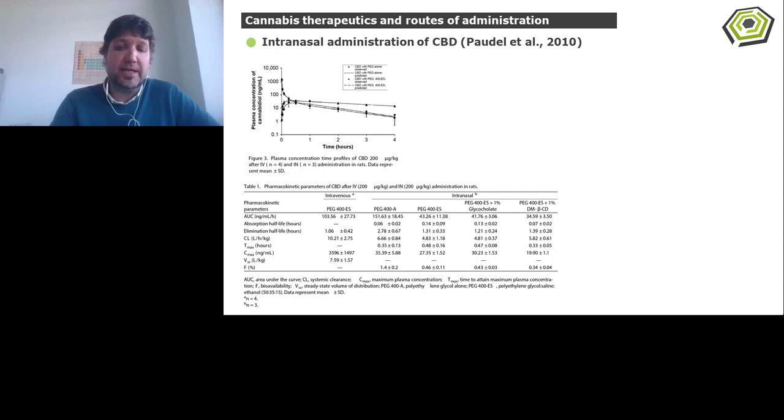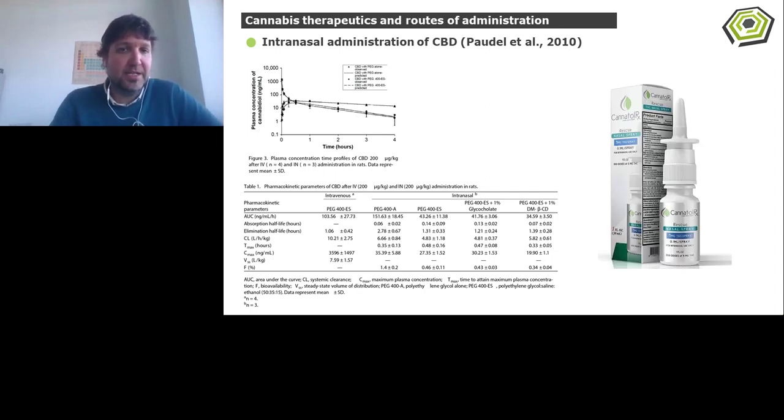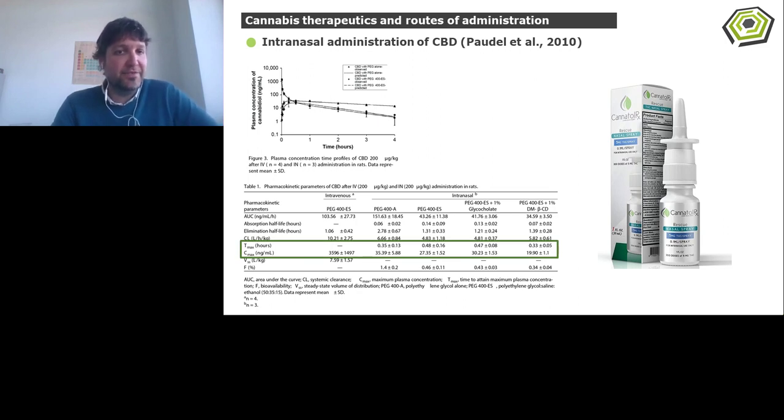The same group that did the transdermal work brought us some data about the absorption of THC and CBD through this route of administration. And this is an example. I think this company comes from Colorado. And how we can successfully administer THC or CBD depending on the parameters that we want to play with.